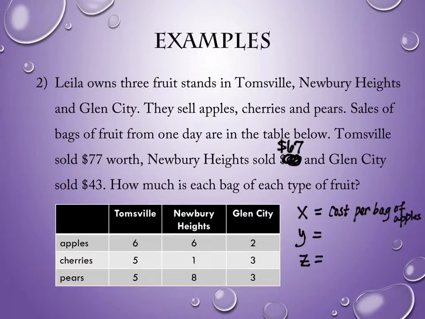That's what I'm finding. Y would be my cost per bag of what? Per bag of cherries. And then that would make Z my cost per bag of what? Yeah, of pears.